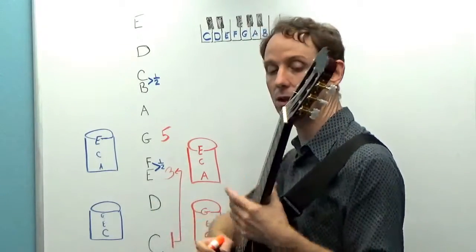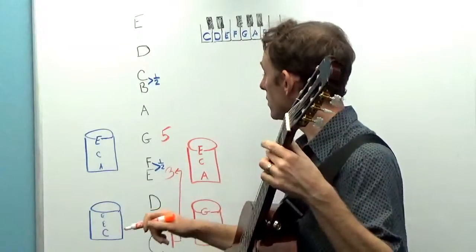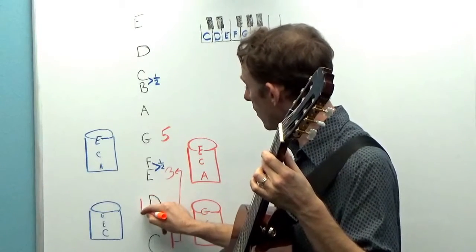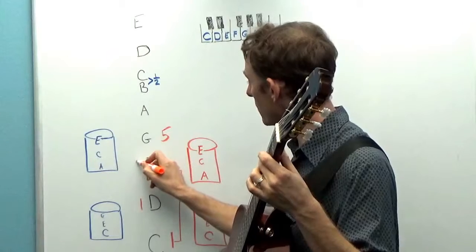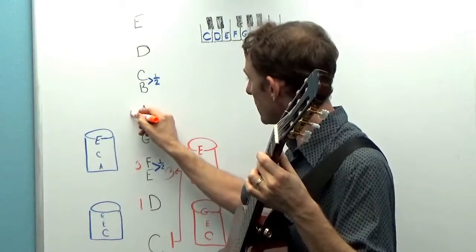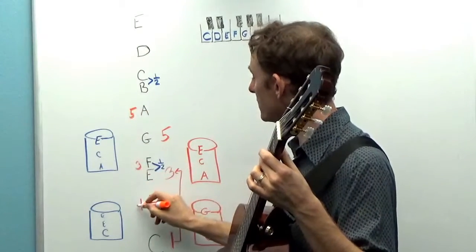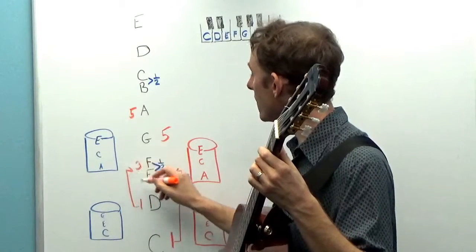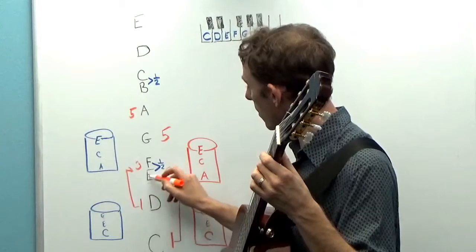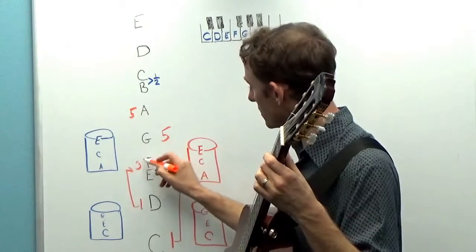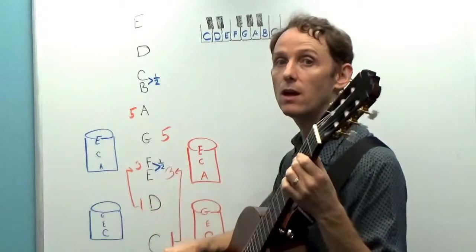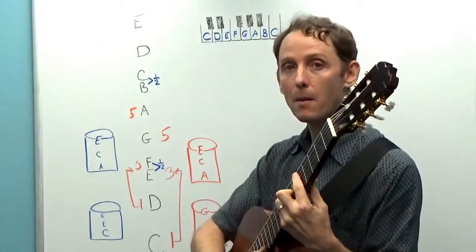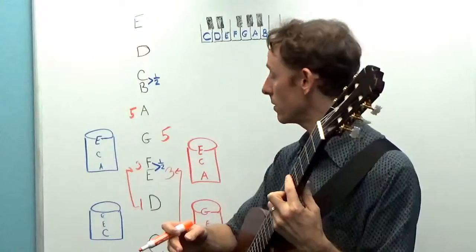If, on the other hand, we were to move to starting on D, D would become 1, a third up from that would be F, and a 5th up would be A. And now from D we have D to F. Because there's only a whole step and a half step, because we have this E to F here, that's going to be a minor third, and so it will make a minor chord.